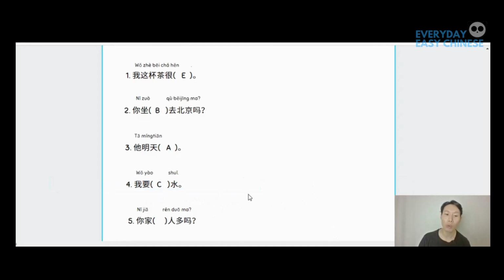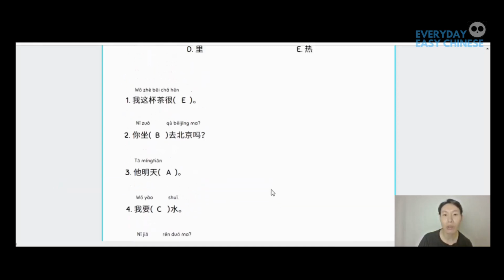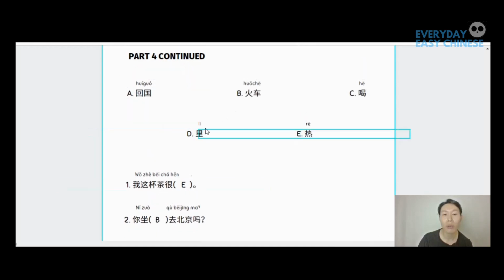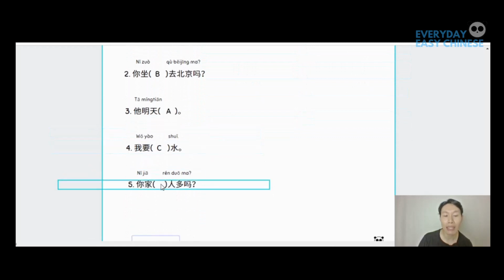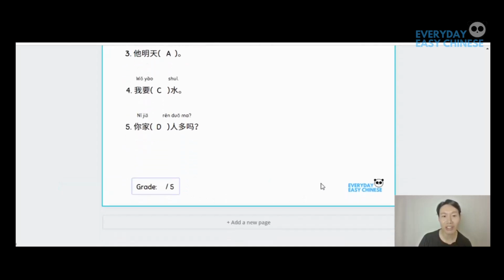I want to drink water. And the final question, the 100th question, we have 你家人多吗? So we need this preposition here. 你家里人多吗? Which is D. So that was the 100th question.